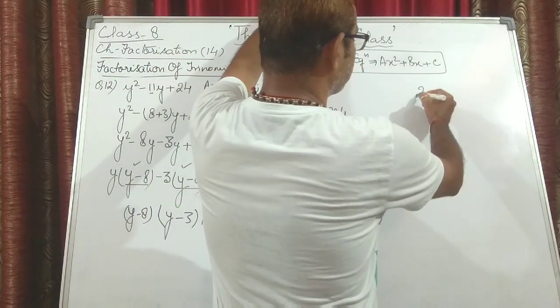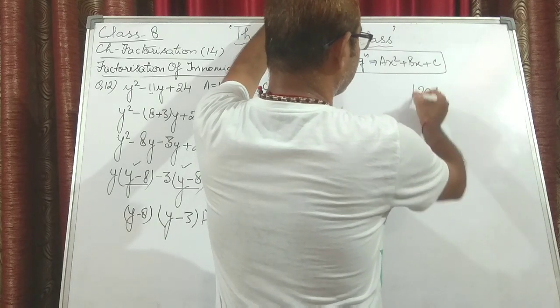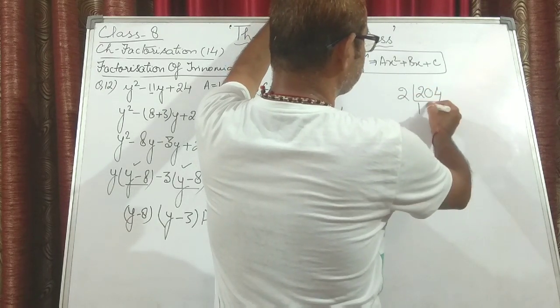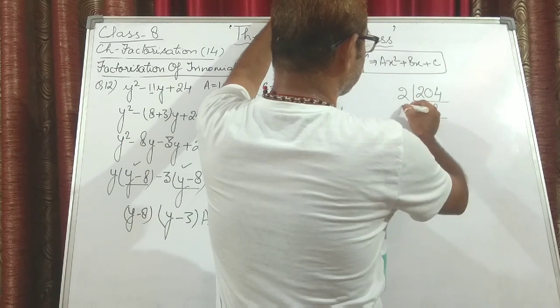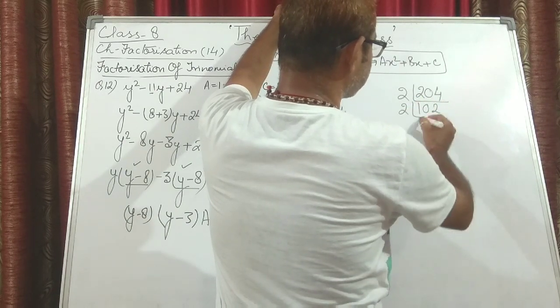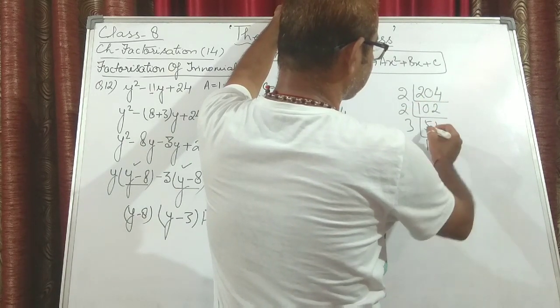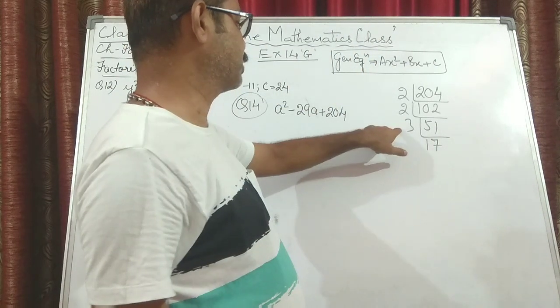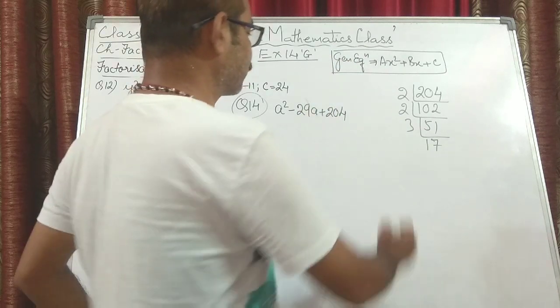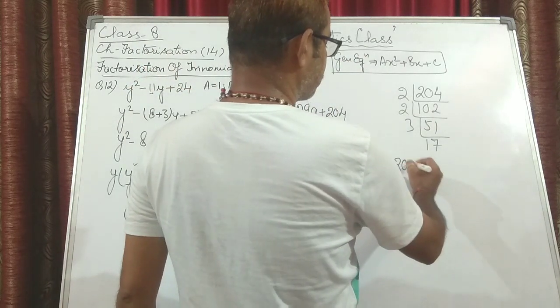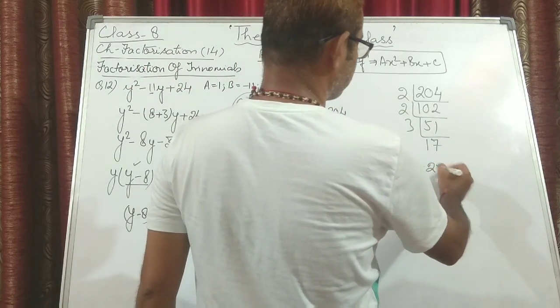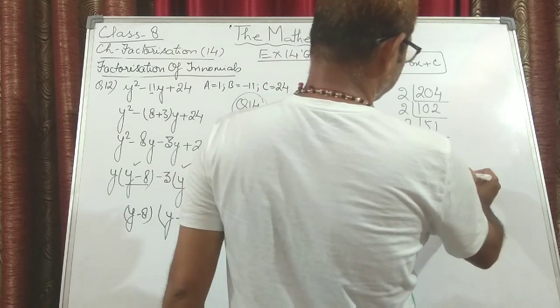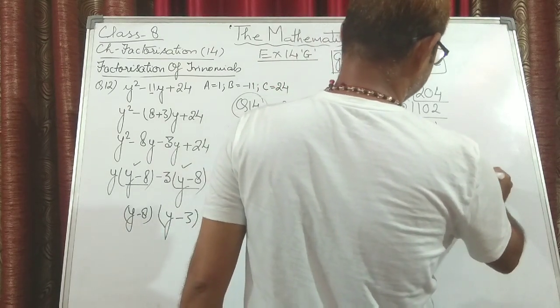Let's see, 204. 2 1s are 2, 2 2s are 4, 2 5s are 10, 3 1s are 3, 3 7s are 21. 17 into 3 into 2 into 2 is the factor of 204. 204 can be written as 2 into 2 into 3 into 17.